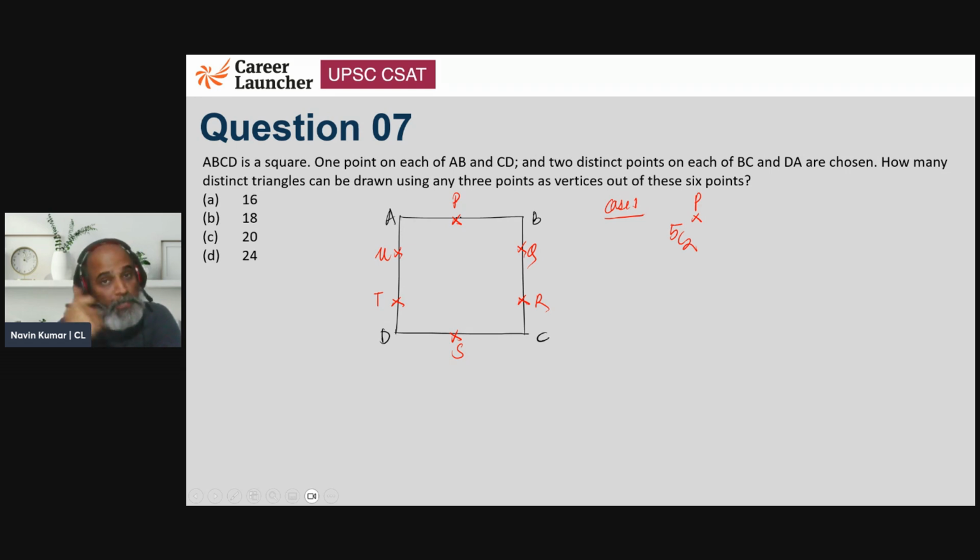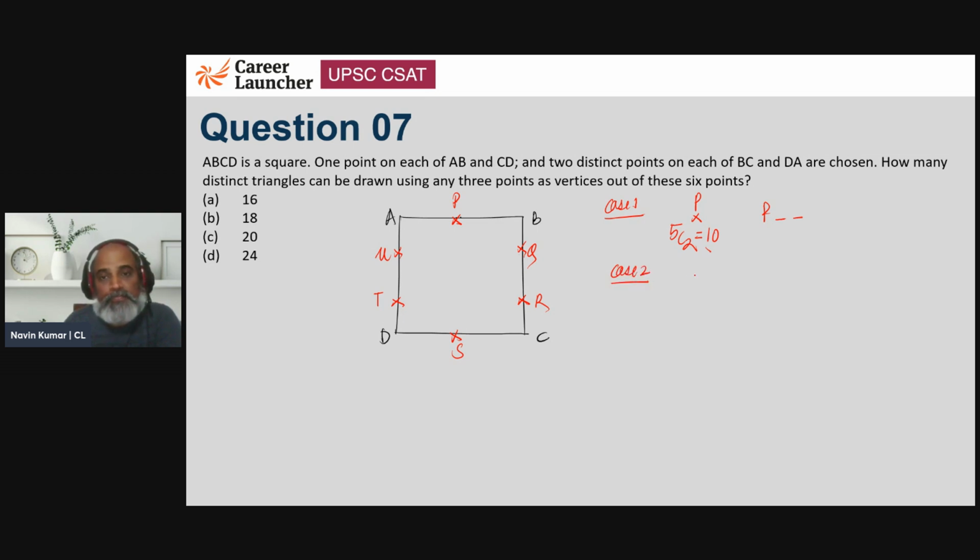There will be 3 points. P is already selected and then 5C2. So this is going to give me 10. P के साथ हमारे पास 10 बन गया. Now, whichever triangle I'm going to get, in that P is definitely there. The other two could be any other letter, right?